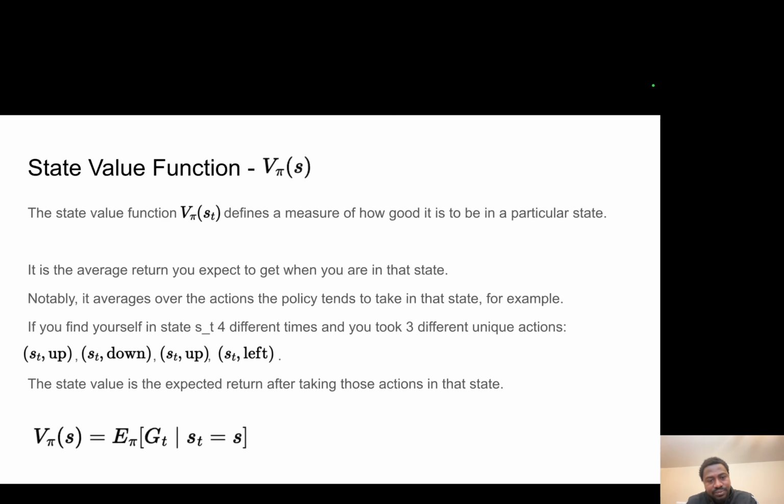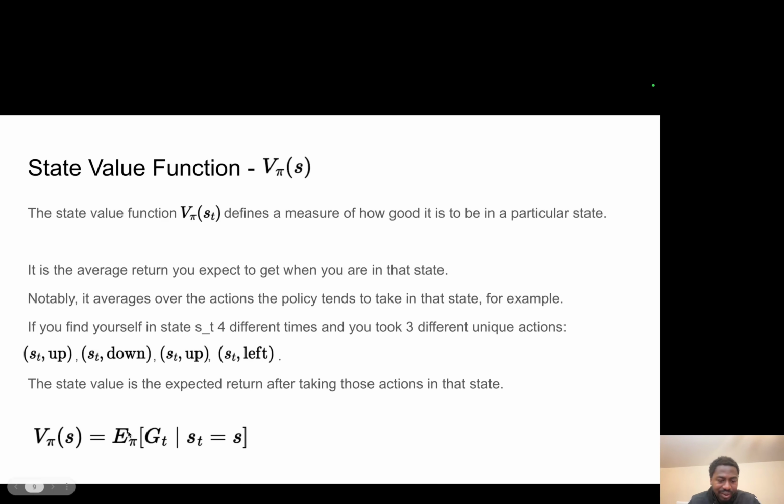So if you, for example, find yourself in a state ST maybe 4 different times, and you took 3 different unique actions, then on average, when you average over all the actions you took when you found yourself in those states, what is the expected value from that?